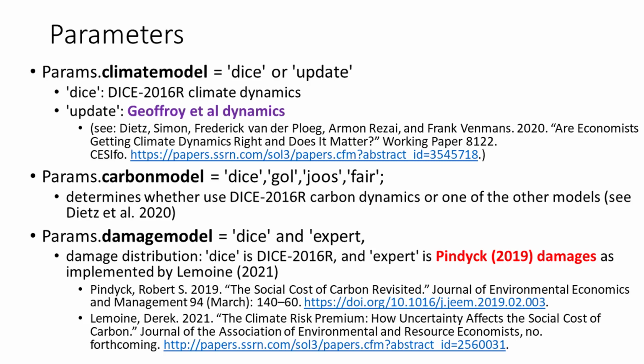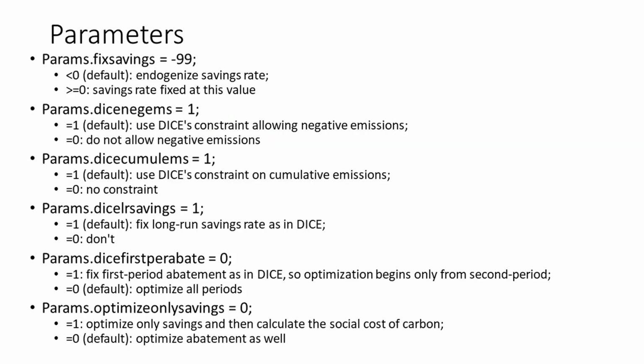Damage model, we were able to see the damage model from this Pindyck with the tails, so you can use the DICE or this Pindyck as the expert settings, and that's all. The other parameters I kept like before, because I did not want to change anything, as it was already interesting to see.